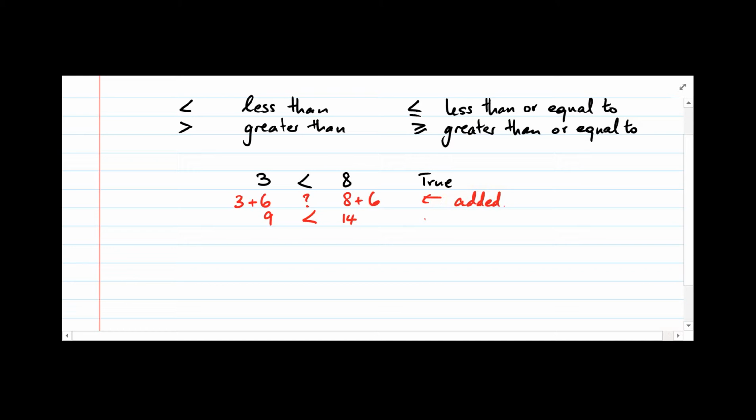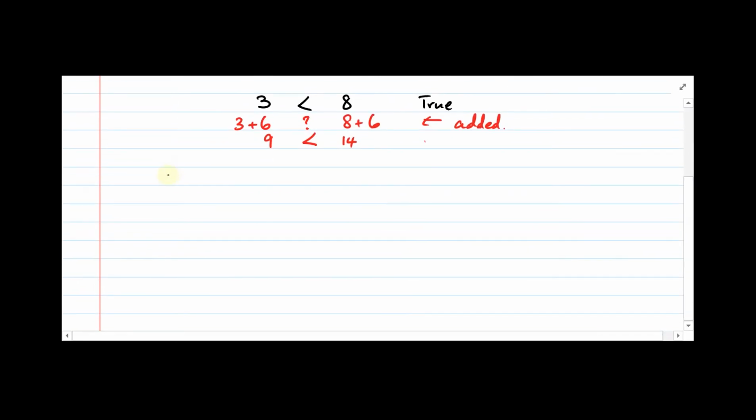Right, so when we added a positive number to either side, there was no change in the inequality. If we took the same numbers again, 3 and 8, let's do a couple more things with them. If we subtract 6 from both sides, we'd have 3 minus 6 and 8 minus 6, and we're asking the question, what's the sense of the inequality?